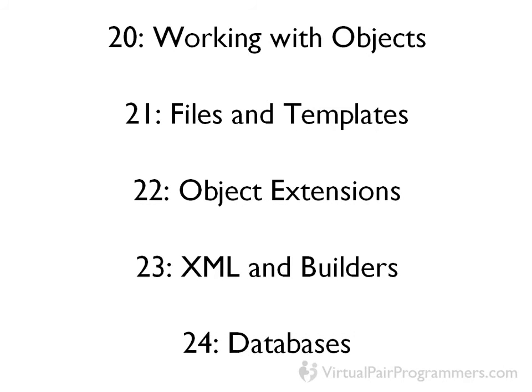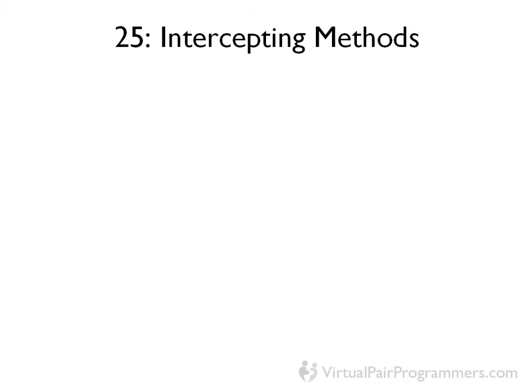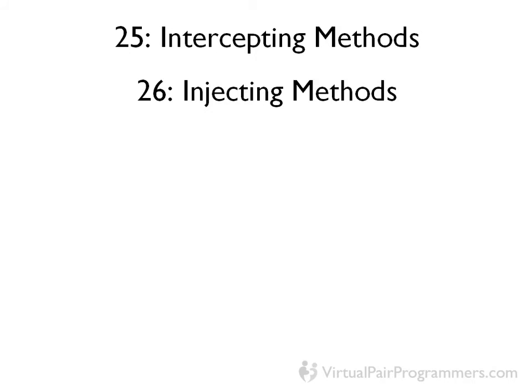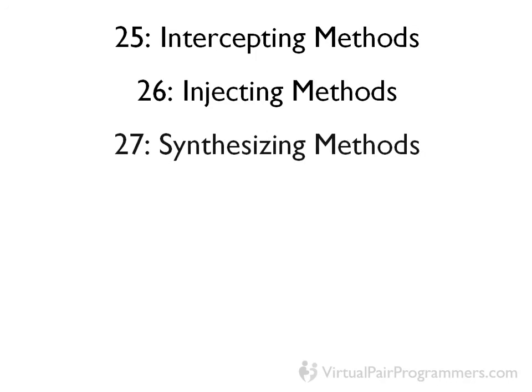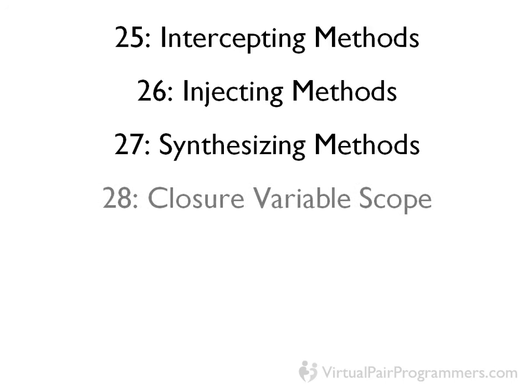We've then got 3 chapters that focus on the Meta Object Protocol. We'll start in chapter 25 by looking at intercepting methods, chapter 26 has injecting methods, and chapter 27 synthesizing methods. Then in chapter 28 we're going to look at variable scope with closures, and in chapter 29 we'll be creating a domain-specific language, or DSL.